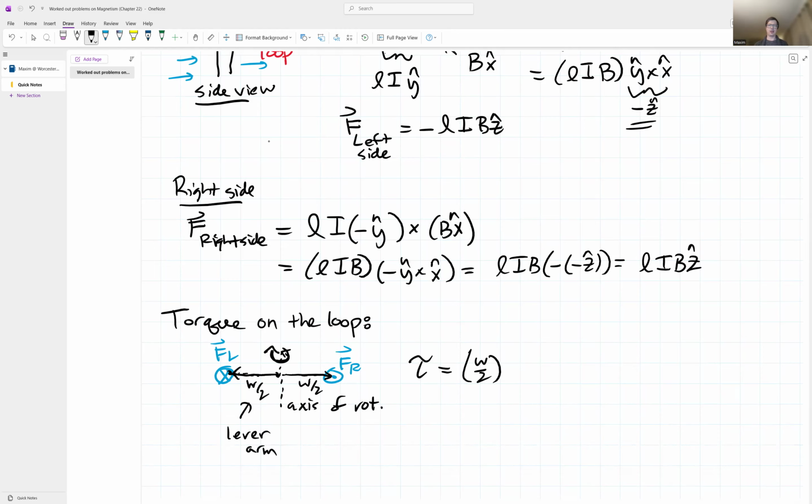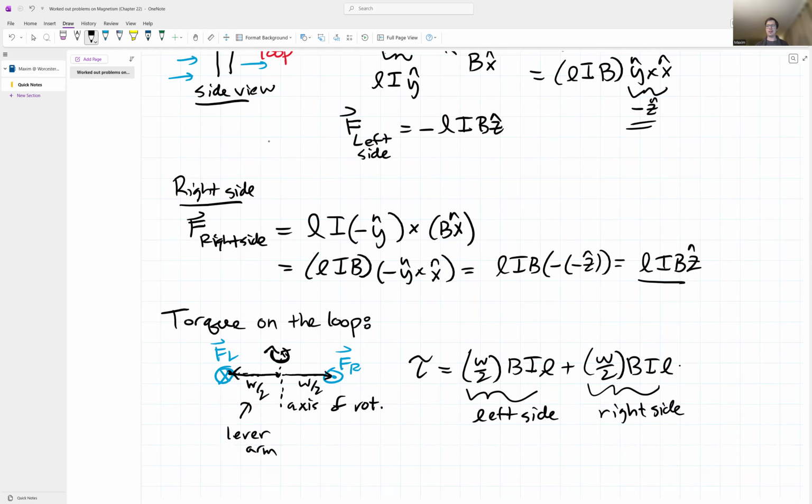So, all right, this one, W over 2 times the force, which is just BIL. And that's from the left side. The right side is also pushing in the same direction. It's got the same expression, W over 2 BIL from the right side.